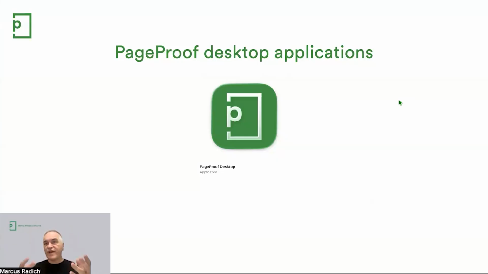So lots of advantages, and we've got a list of extra features that we're going to be adding into the desktop apps, including notifications and all sorts of wonderful things that desktop apps bring as an advantage. So that's the PageProof desktop apps, available on the Mac App Store and the Windows App Store, available now. They've just been updated, and a really great way to experience PageProof inside of your favorite desktop operating system.